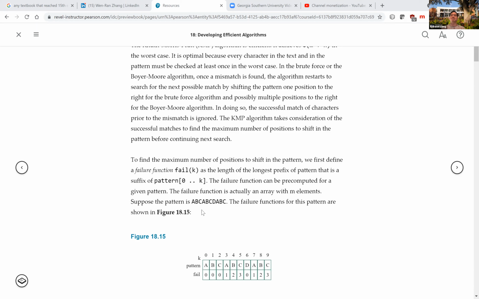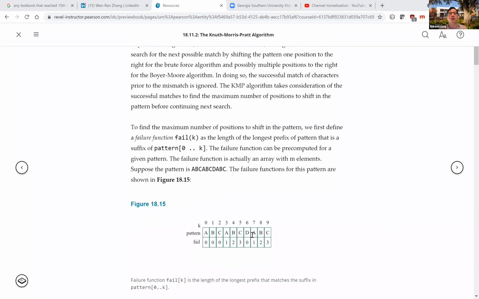Suppose we have this pattern: A B C A B C D A B C. What is the failure function here? At index 0, it is 0. At B, there's no same character, so it is 0. At C, there's nothing, so 0. But look at the next A: it is 1, because the prefix matches the suffix with length 1.